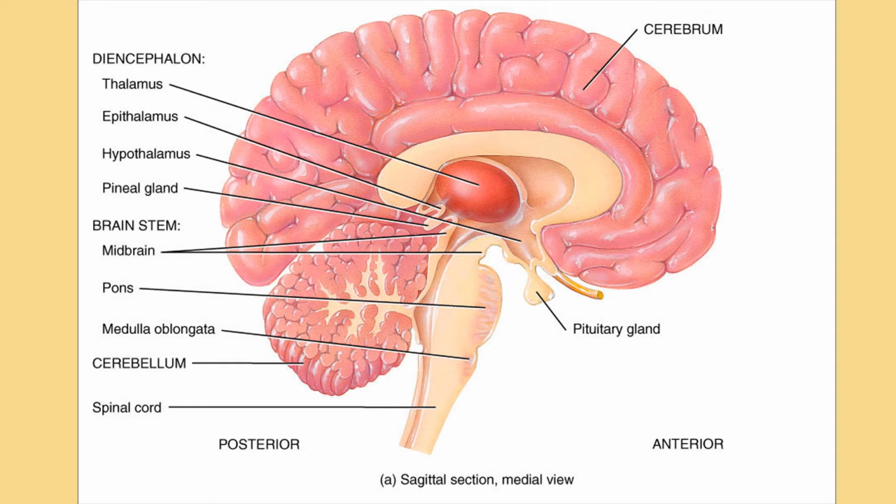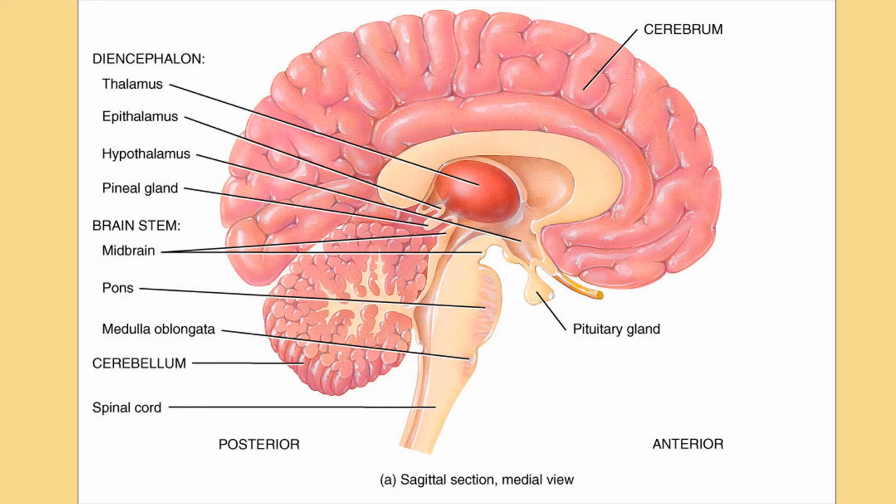Superior to that is a region of the brain known as the diencephalon, and the diencephalon includes several subregions. We will spend most of our time talking about the thalamus and the hypothalamus.